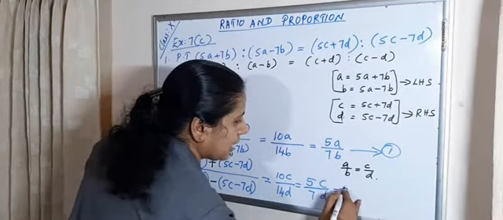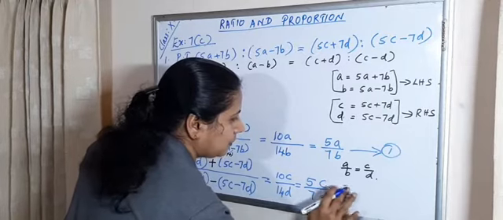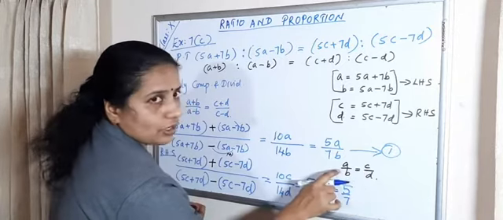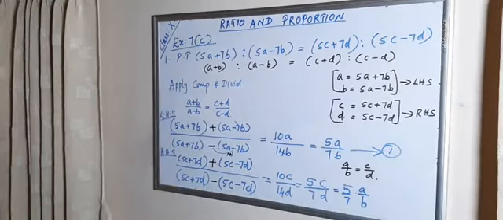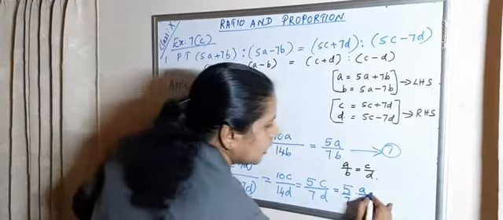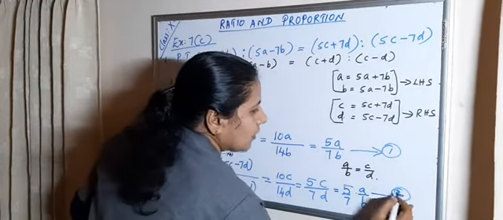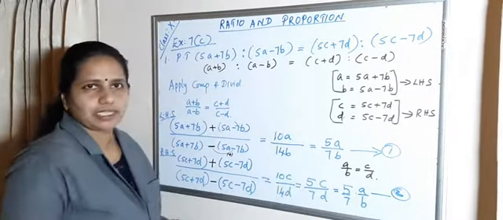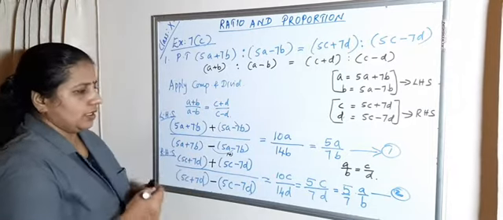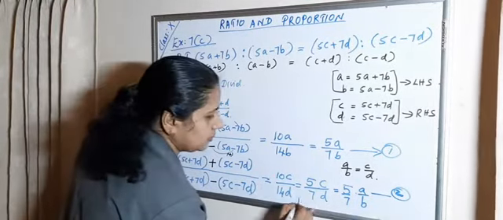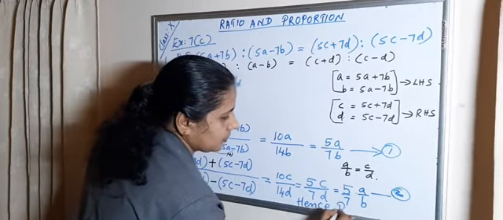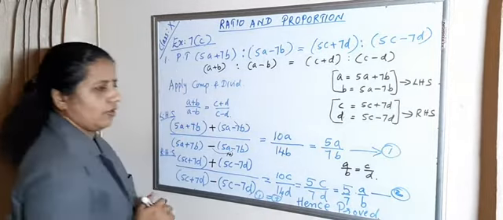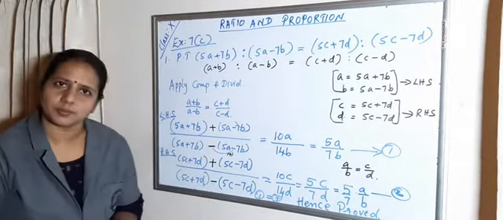So, I can write this as 5 by 7 into C by D. For that, I am writing A by B. That is 2. From 1 and 2, we can see 5A by 7B equal to 5A by 7B. Okay, hence proved. Last you write, 1 is equal to 2 and write hence proved.